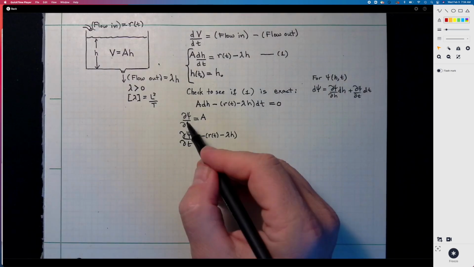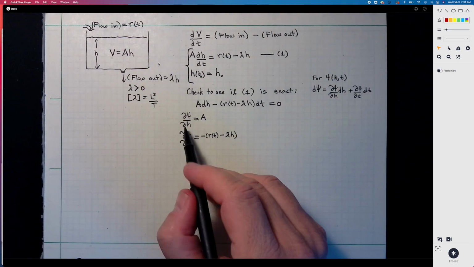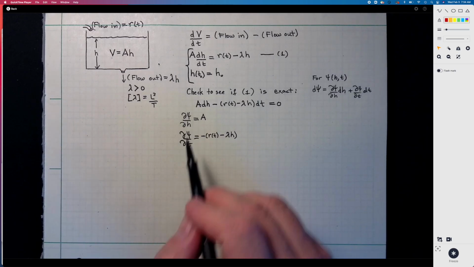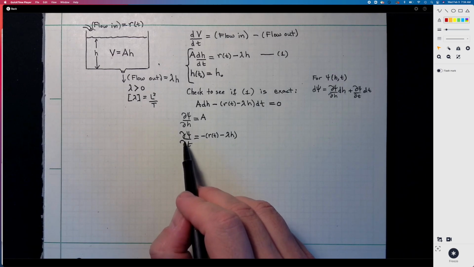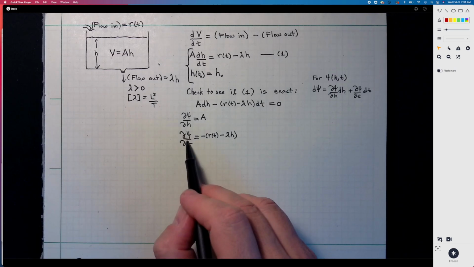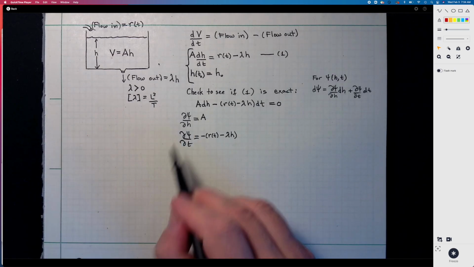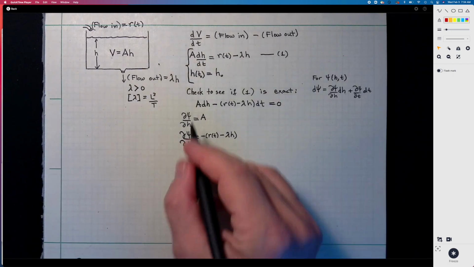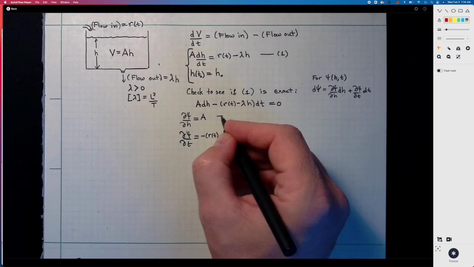And if there is such a function, then if I take the partial derivative of this one with respect to t, and the partial derivative of this one with respect to h, they should be equal to each other because they'll be the same mixed second partial derivative. So let's compute those derivatives and check what we get.